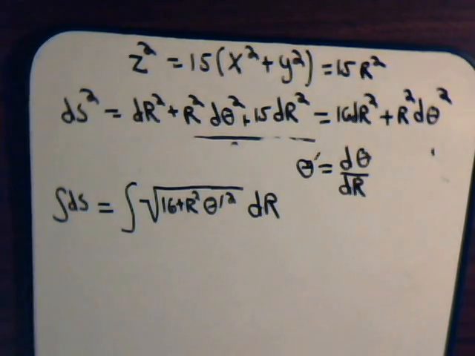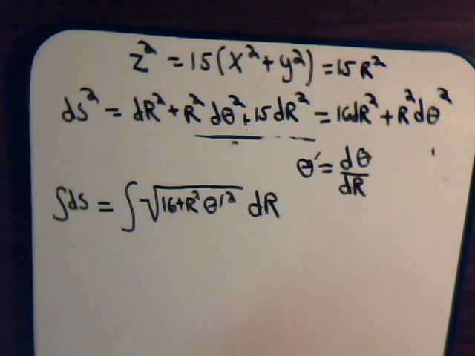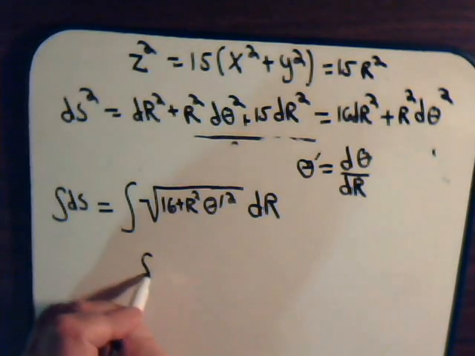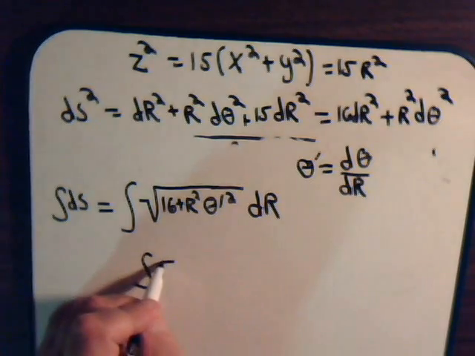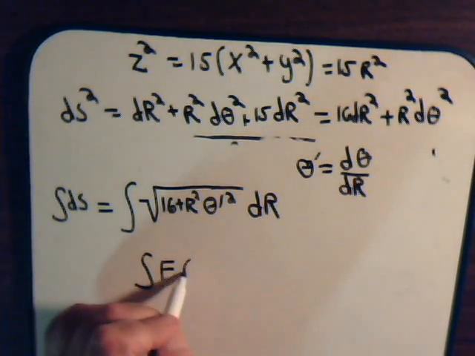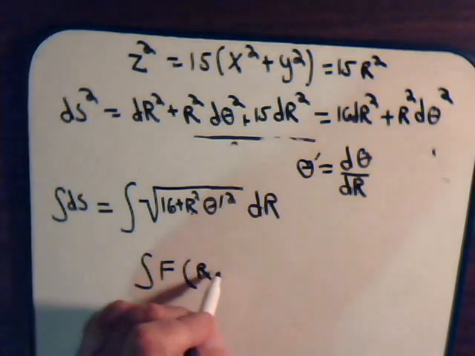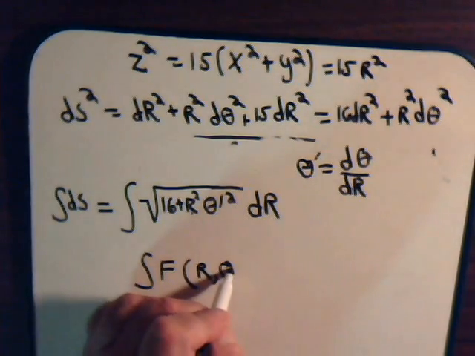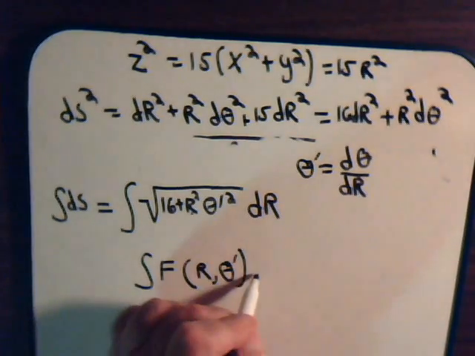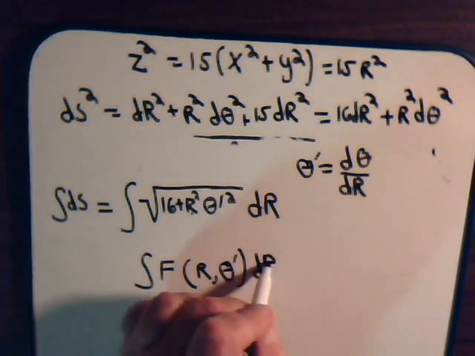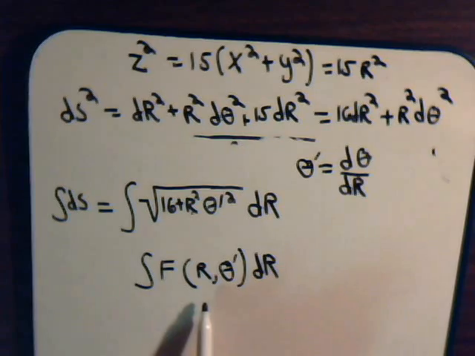So if we look at this in this kind of a format, it would be the integral of a function where the variables are r and theta prime, and we have dr. So r is the independent variable here.